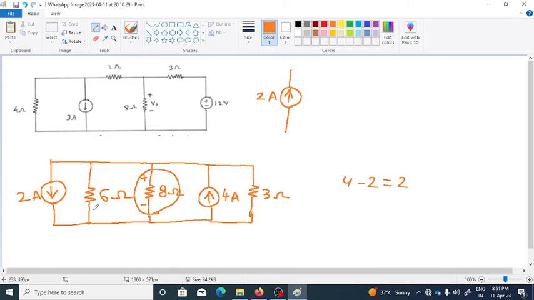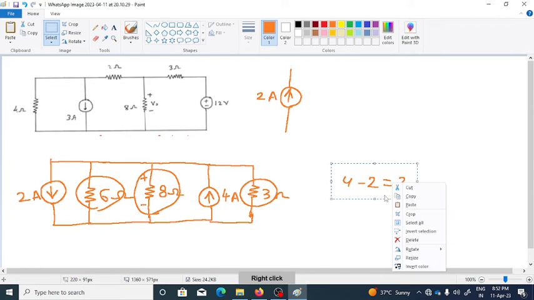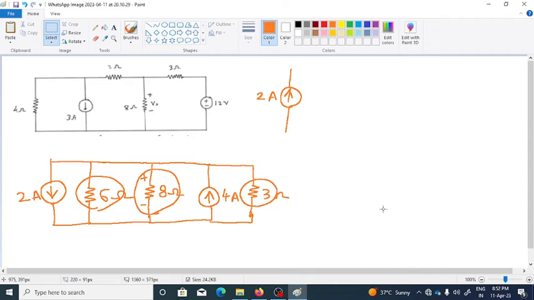Now this 6 ohm resistance and the another 3 ohm resistors, these are also coming in parallel. So what we need to do is we have to replace them by a single resistance. That resistance can be called as the R equivalent. So R equivalent is equal to the parallel combination of 6 ohm and 3 ohm.